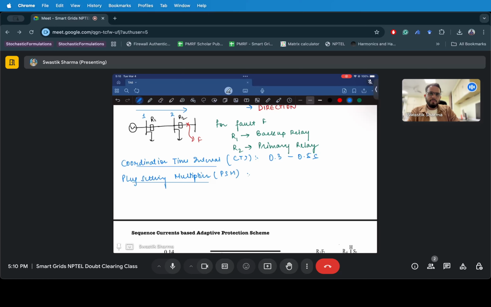So what does it say? The idea of PSM is to act only when the fault current reaches a particular threshold. So that means it's fault current upon pickup current, where pickup current is nothing but the current threshold that tells the relay when to act.